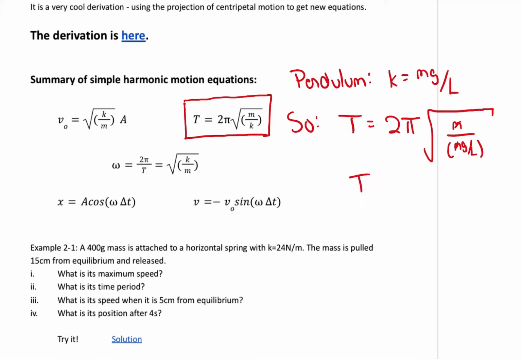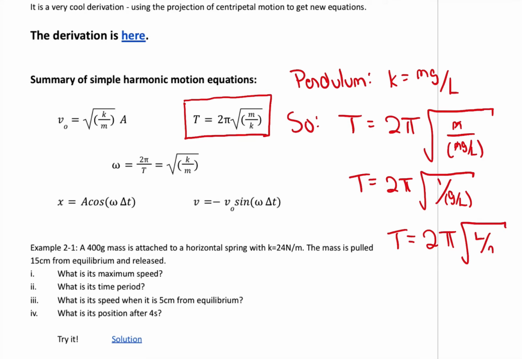So now if we want to rewrite it, we've got 2 pi root 1 over g over L. 1 over g over L, you could invert and multiply, or you can think about inverses. 1 over anything means you flip it over, but the L on the denominator of the denominator is going to flip all the way to the numerator, and we're going to get a new equation for the pendulum that T equals 2 pi root L over g.